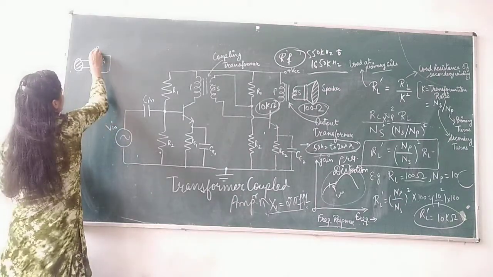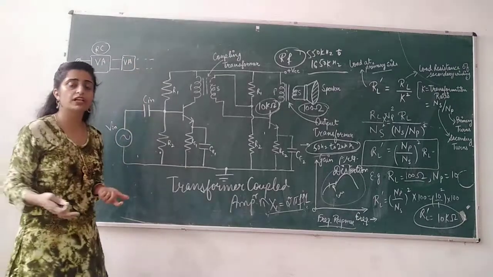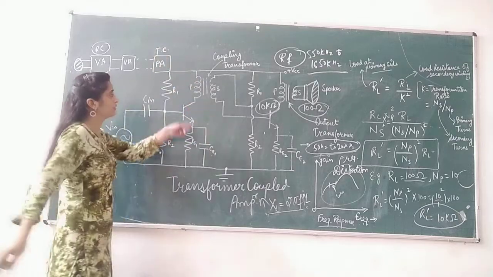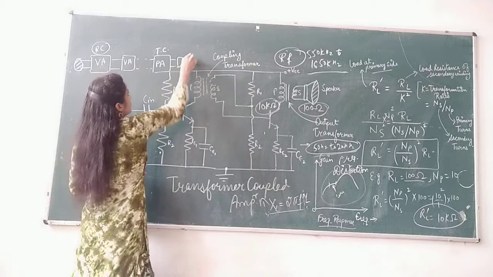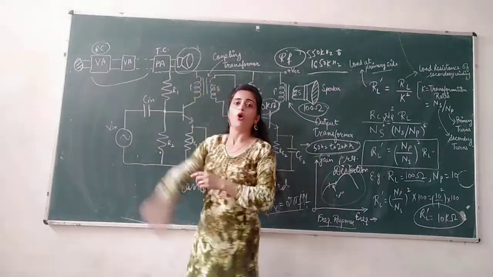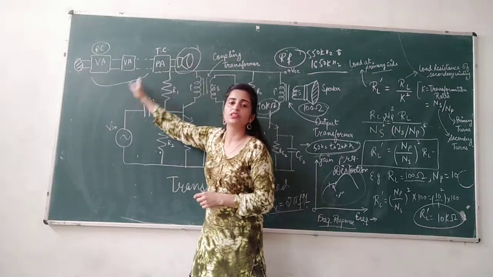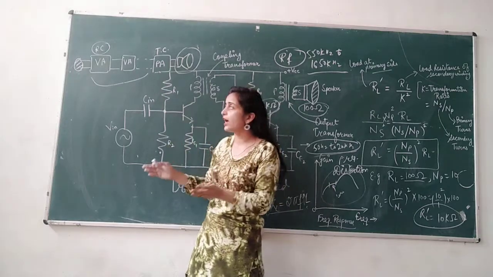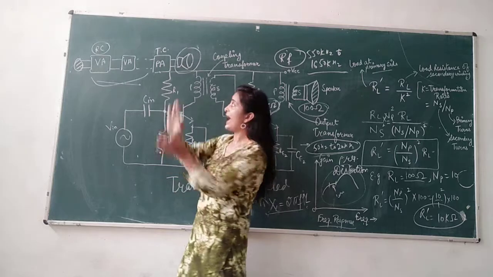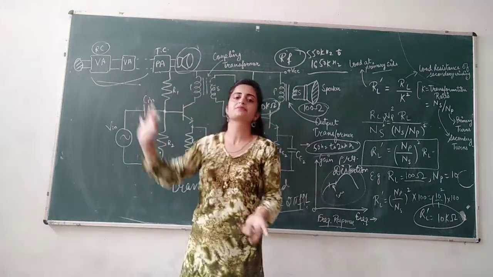Here the voltage amplifier, that is the RC coupled amplifier, will be used maybe for 2 stages or 3 stages or more, depending upon the requirement, and at the output stage the power amplifier, or you can say the transformer coupled amplifier, will be used for the impedance matching purpose.